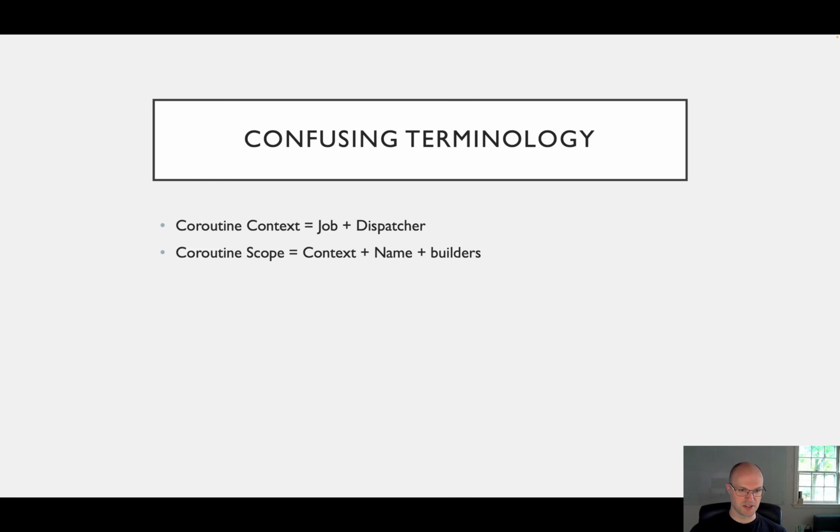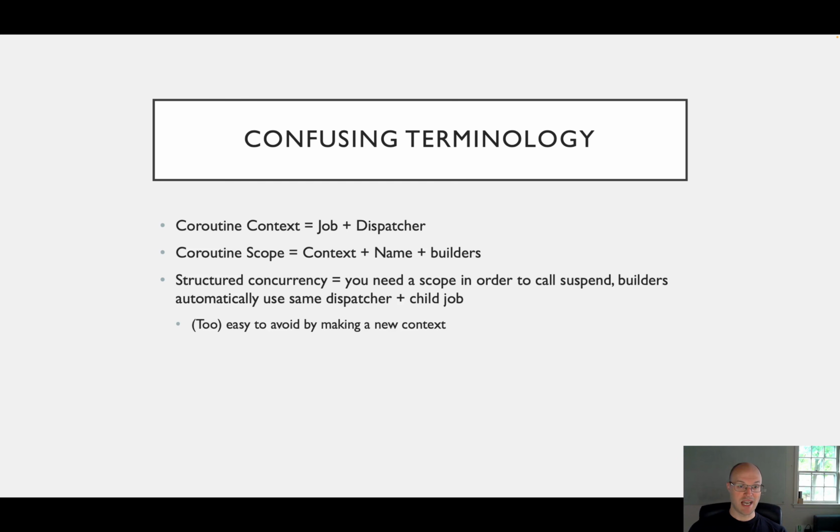They're almost identical functionally. If you have a coroutine context in your code, it's very easy to get a scope that uses that context. If you have a coroutine scope, it's very easy to get the context out of it. So practically, these two things are nearly identical. It's really not a big deal distinguishing between one or the other. I find that a little confusing that they have these different names, but they're really not that different. But whatever, that's how they decided to name them.